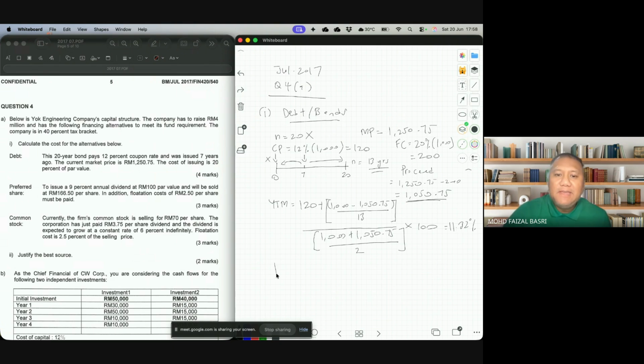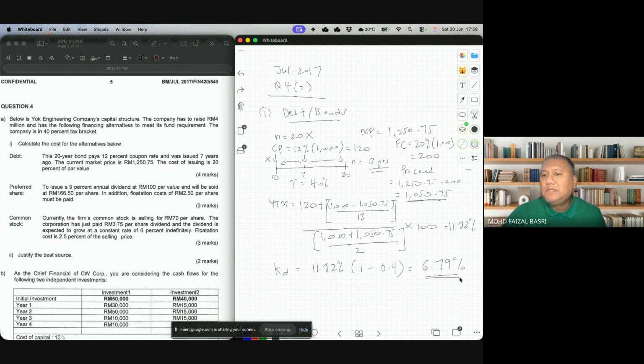So to find the KD, the cost of debt, it's 11.32%, and darab dengan 1 minus T. So the T, based on this question, is 40% tax bracket. So 1 minus T meaning 1 minus 40% lah. So darab 0.6. So you left with 6.79%.